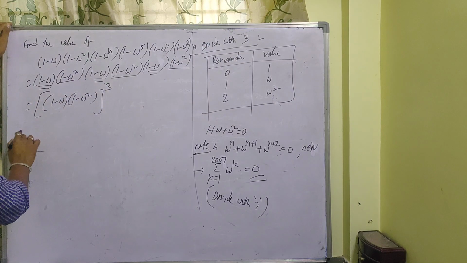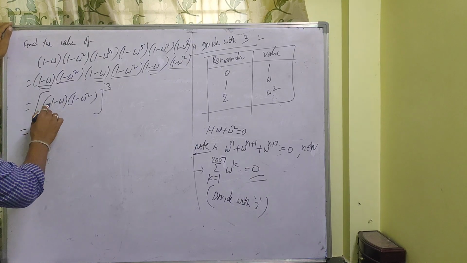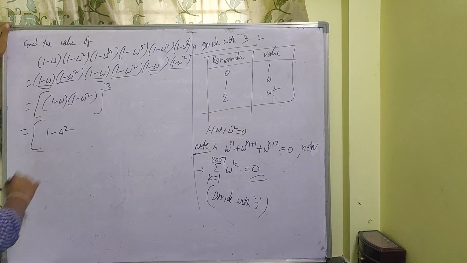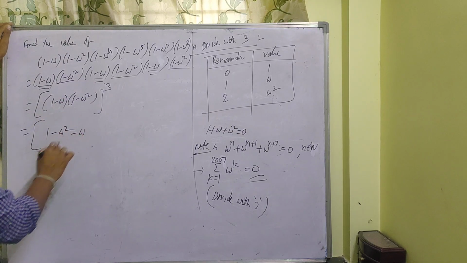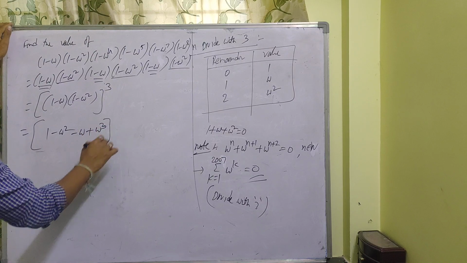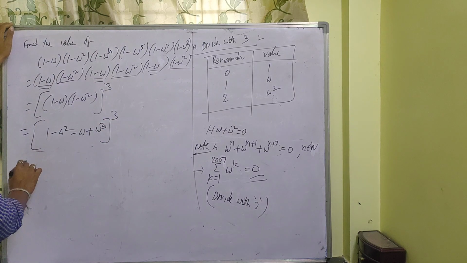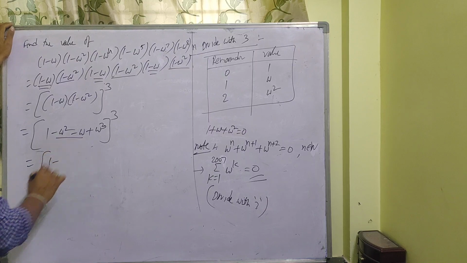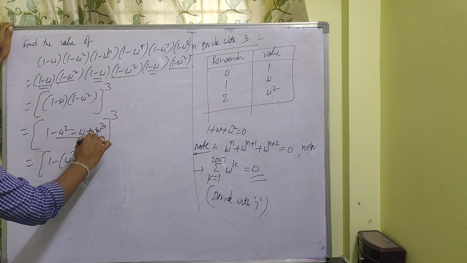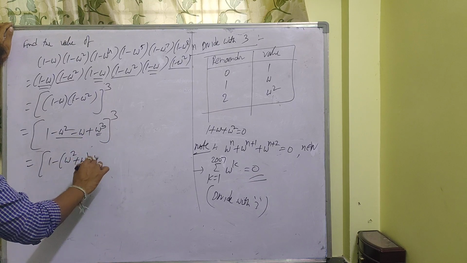Yes. Now you multiply it. 1 into 1, 1. Minus 1 into omega square, minus omega into 1, minus omega, minus into minus, plus omega cube, whole cube. See here, if you take minus common from these two terms, omega plus omega square, and omega cube value is 1.